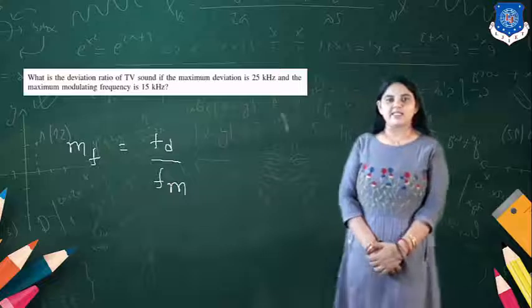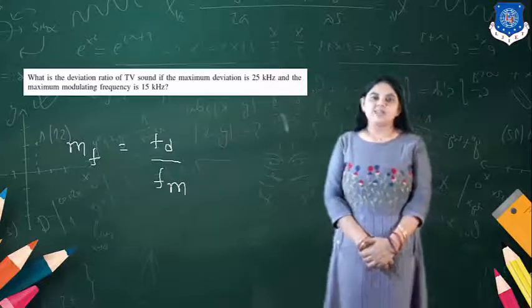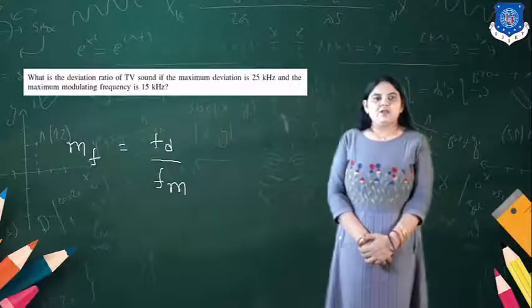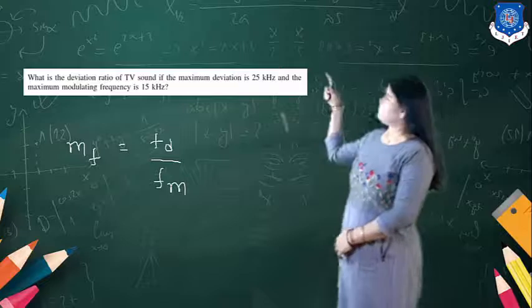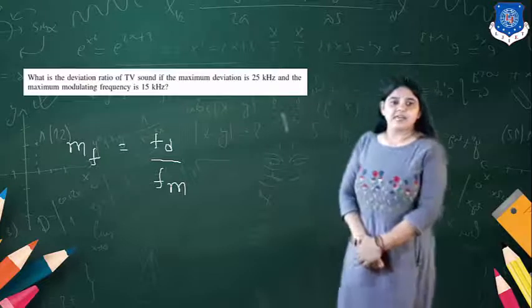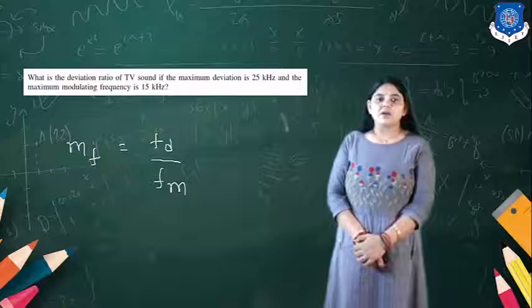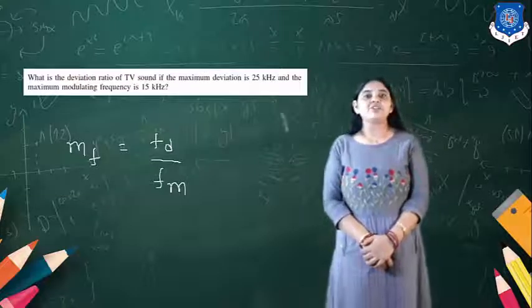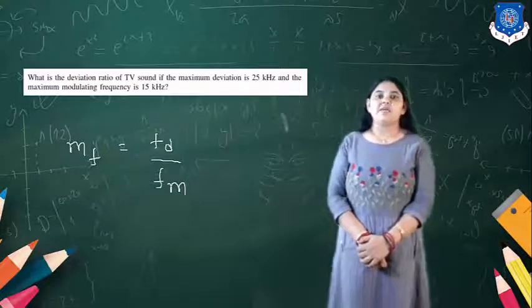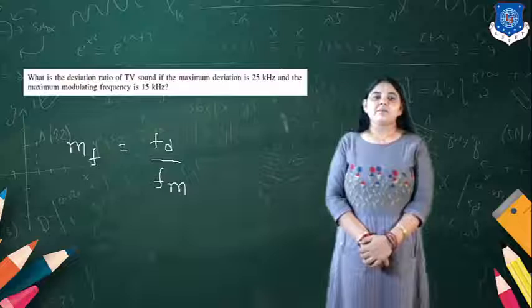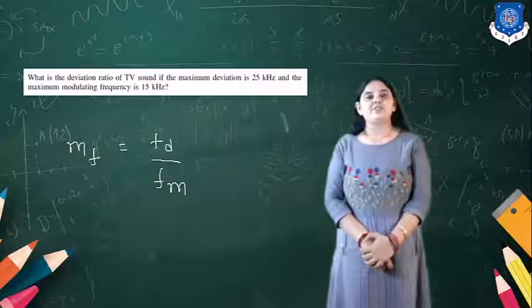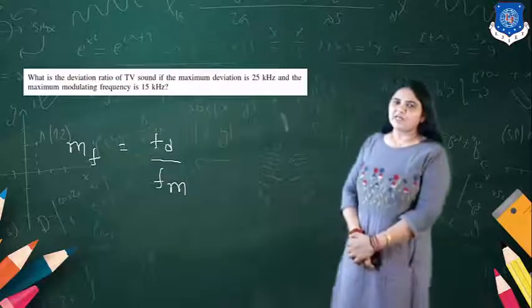Now we'll solve one example based on this theory. The example is: what is the deviation ratio in television sound, if the maximum deviation is 25 kilohertz and the maximum modulating frequency is 15 kilohertz?